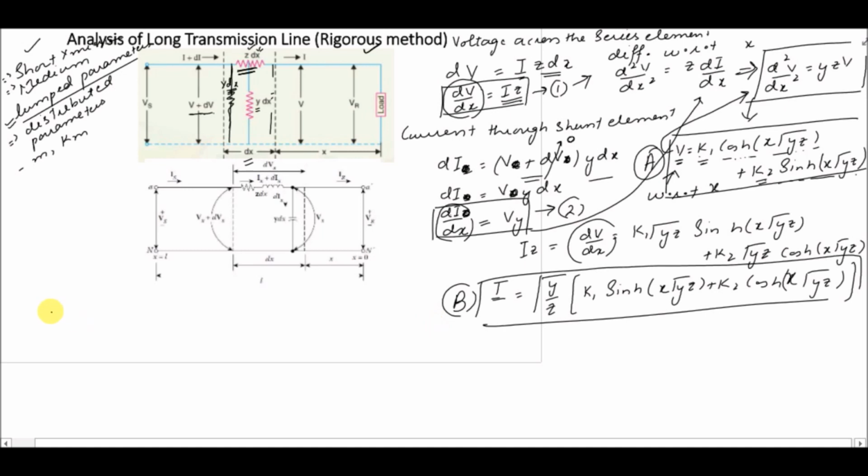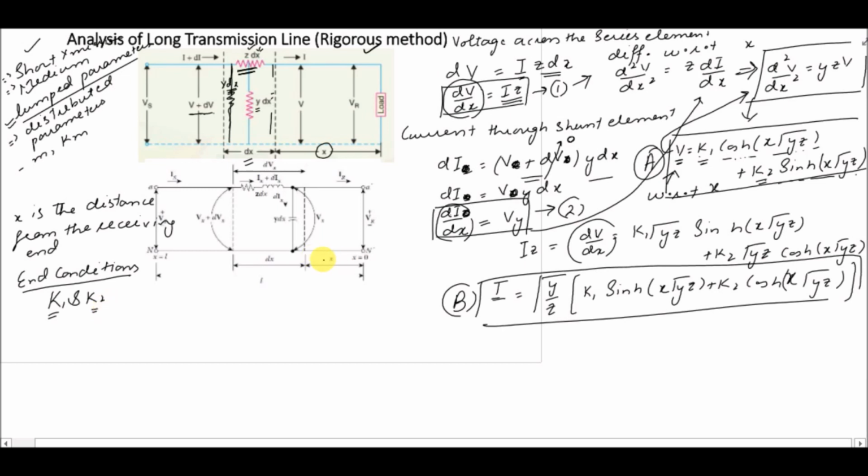Now we have to find the constant values k1 and k2, and we know that this distance x is actually the distance from the receiving end. So we have to apply the end conditions in order to calculate k1 and k2.